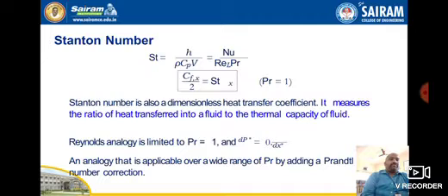So the combination of these three dimensionless numbers develops the Stanton number. This Reynolds analogy is limited to Prandtl number equal to 1, and it is applicable over a wide range of Prandtl numbers by adding Prandtl number correlations.